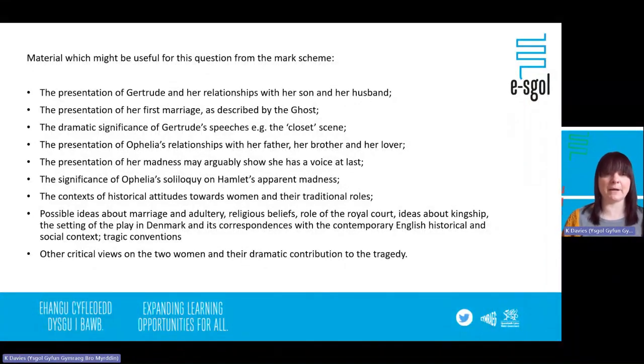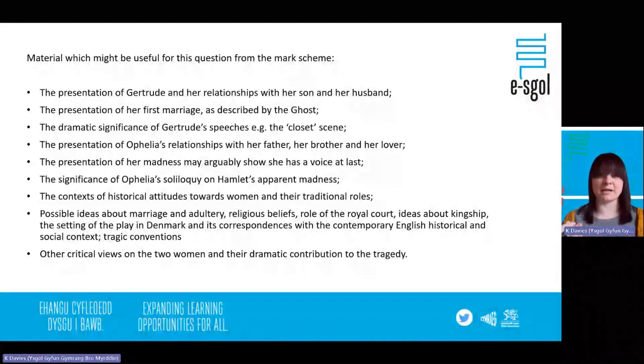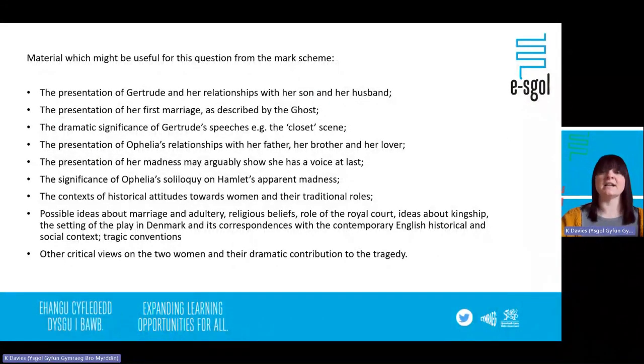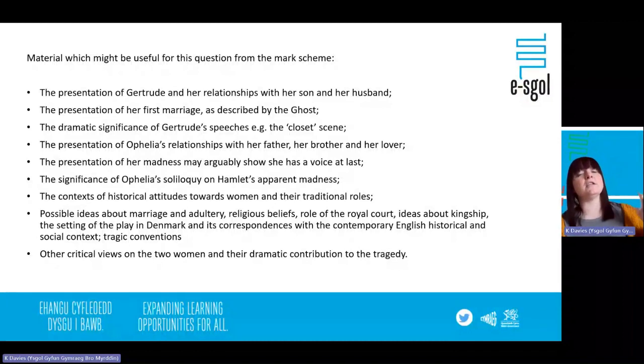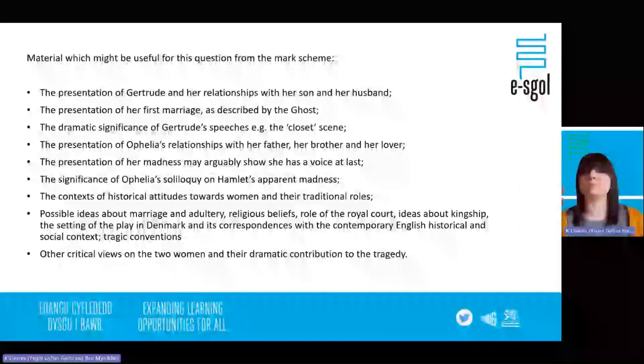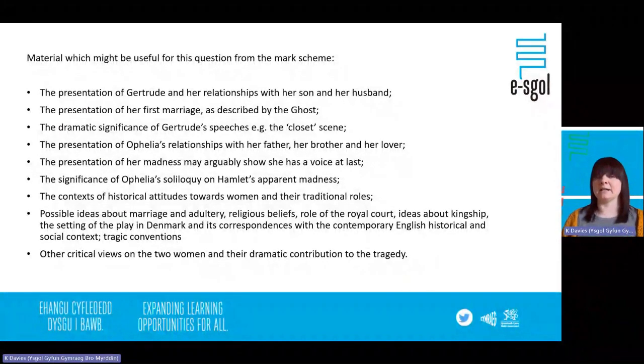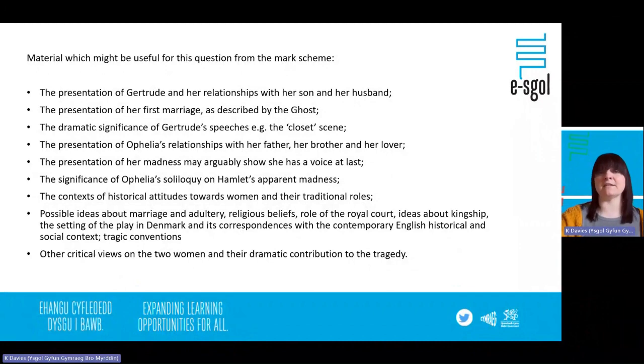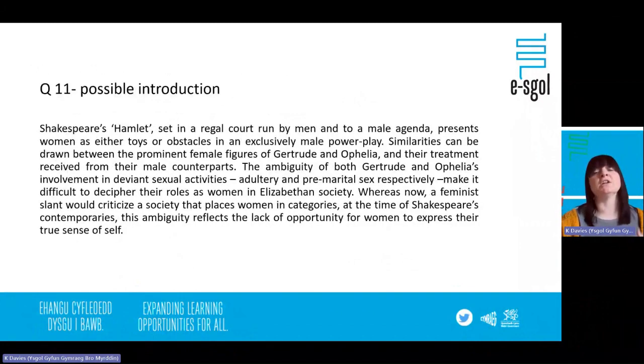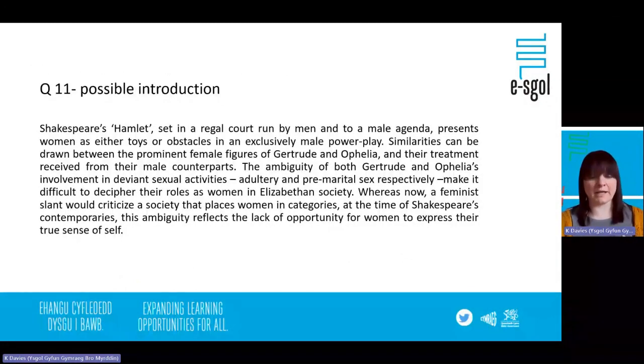Quite possibly you could think about the link that it has to contemporary English historical social context. You could look at the tragic conventions linked to the Spanish Tragedy, Thomas Kyd. Okay, so lots of different roads you can go down, and obviously then critical views on how the two women interact, and you can also consider their dramatic contribution to the play as a tragedy as well.